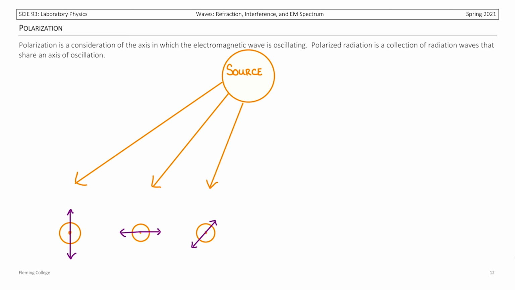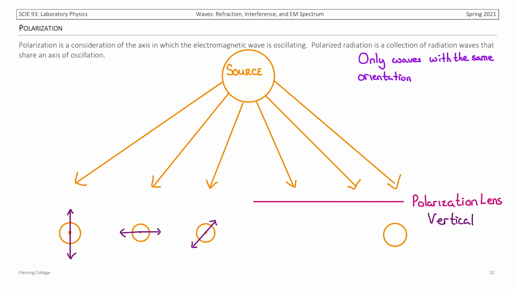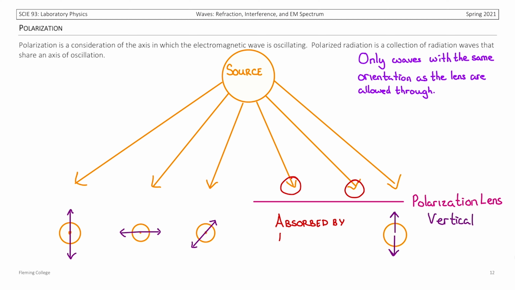Now if we consider some filter, often a polarization lens, and we organize that lens so that it is vertical, then when the source emits those same randomly arranged axes of oscillation, only the axes of oscillation that match the filter will be allowed through. The lens itself will absorb all other orientations.